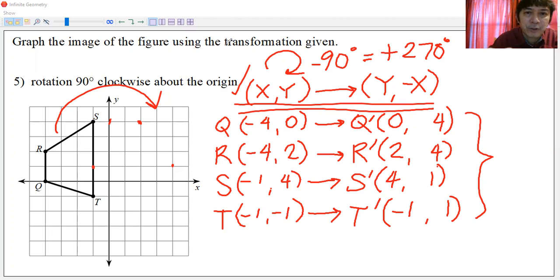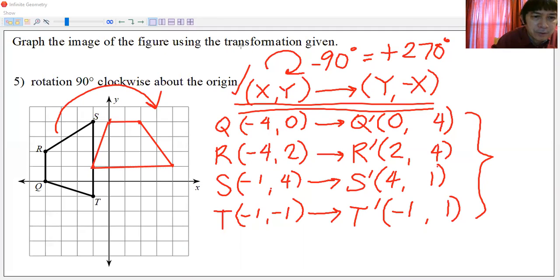We're now ready to connect them. Let's start here. And then here. And then here. Let's adjust that. Little adjustment there. Okay, let's continue. Close.